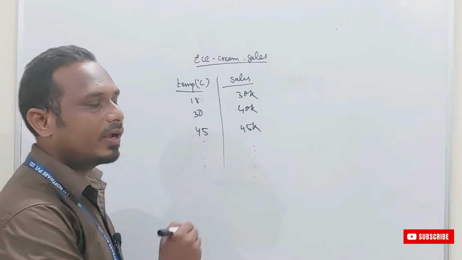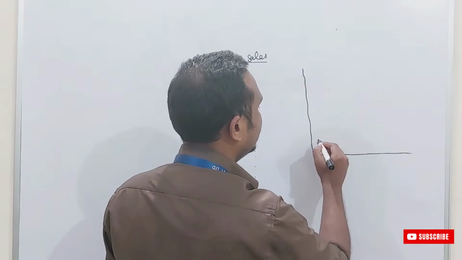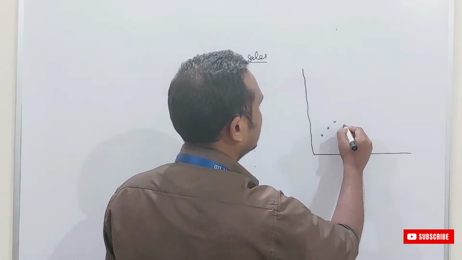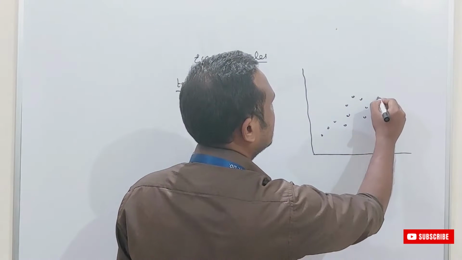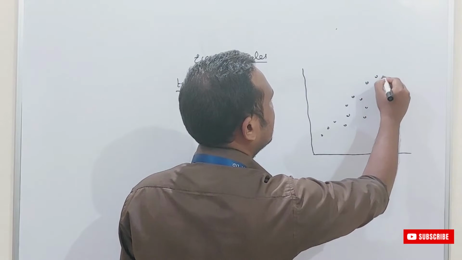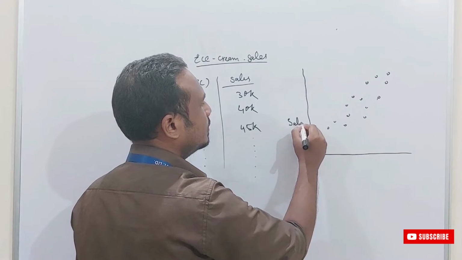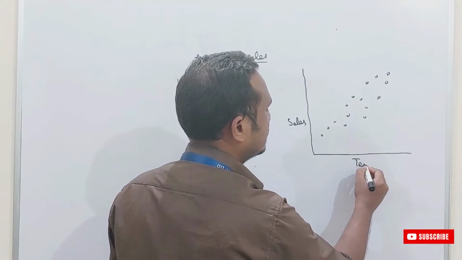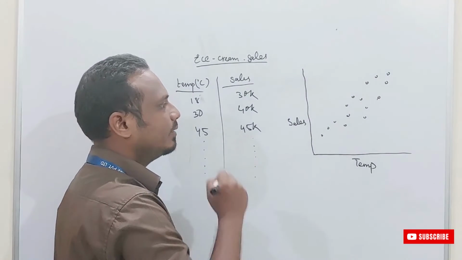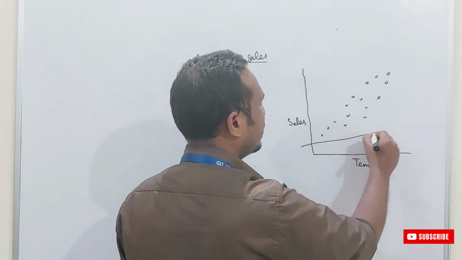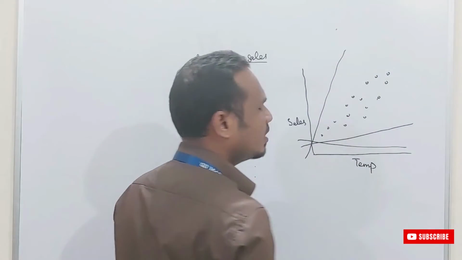If I draw a graph for this, let it be a scatter plot. These are the points. Here is sales and here is the temperature. You can see we can draw a line. How will we draw a line? I can draw like this, like this, like this. These are all the lines you can draw.